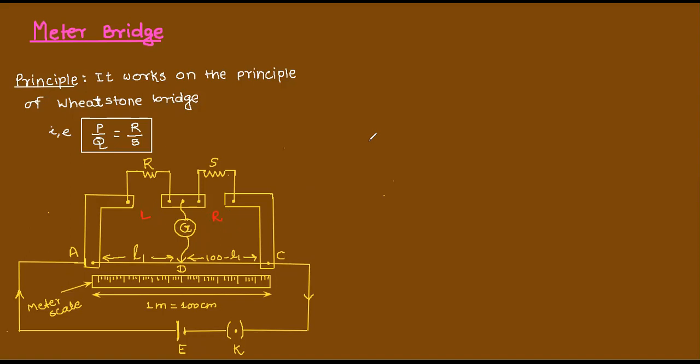Same like that, here also we have a jockey who will ride on this wire. Already I told you the meter bridge principle: it works on the principle of Piston bridge. If I draw the diagram as a simplification, you will get something like this diagram.